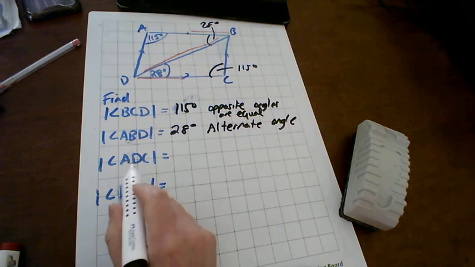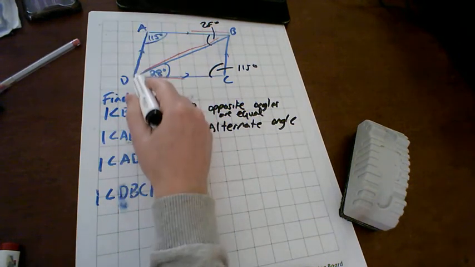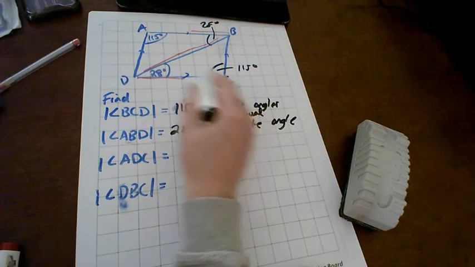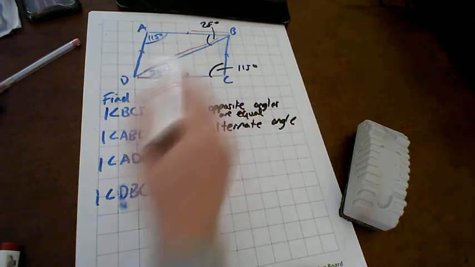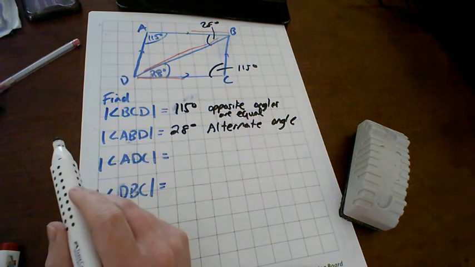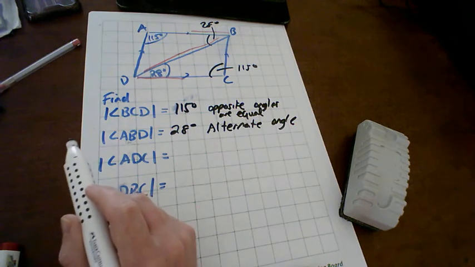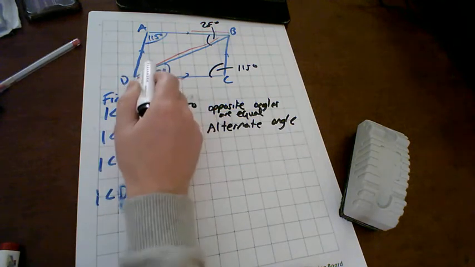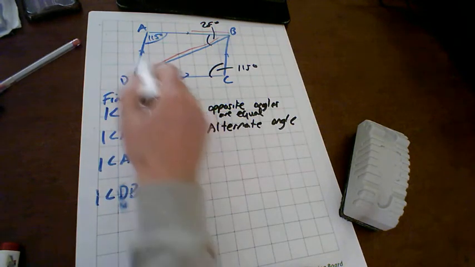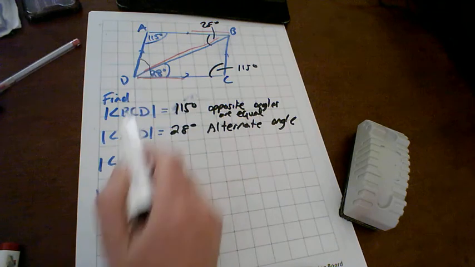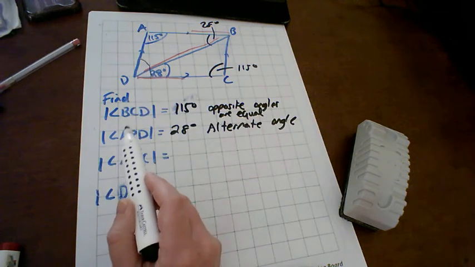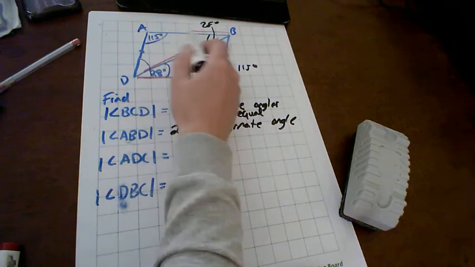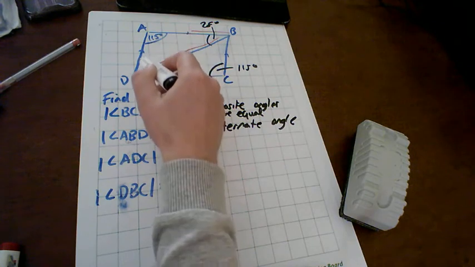Next, ADC. Okay, so ADC, we're looking for this whole angle here, from here to here. And if you can see, these are parallel lines, so this angle and this angle are interior.